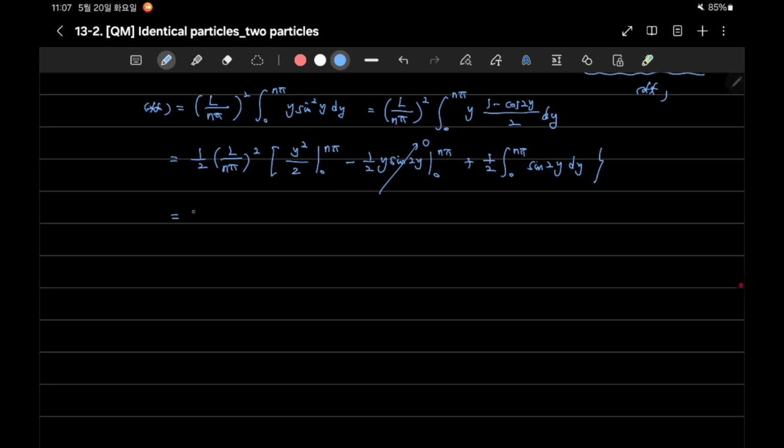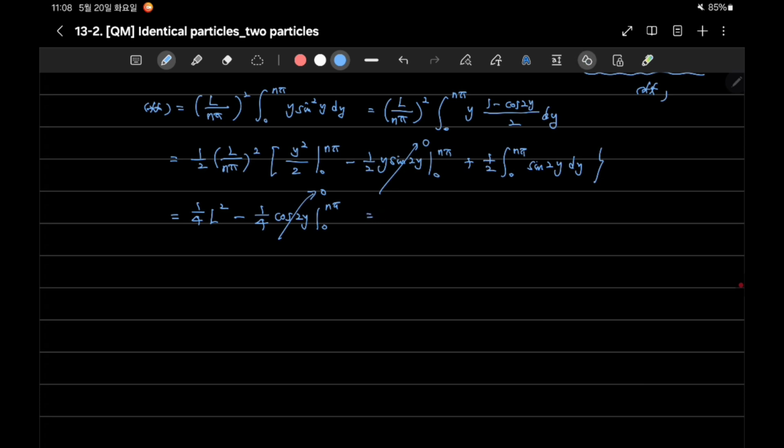Then in the first term the 1/4 n pi squared cancel with each other, so L squared minus 1/4 cosine 2y from 0 to n pi, which is 0 because it is 0 minus 0.